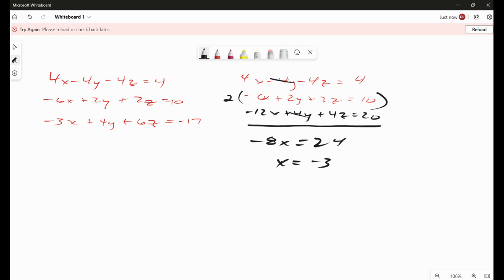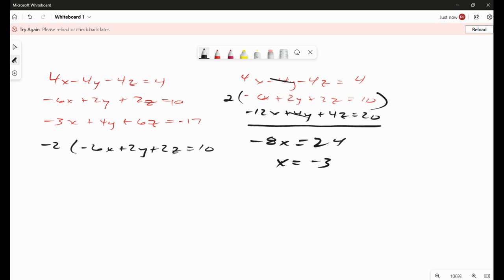the next one here. Let's just do these two together, and I'm going to multiply this one up here by 2 again. It's going to be negative 2 this time. So negative 2 times negative 6x plus 2y plus 2z equals 10.